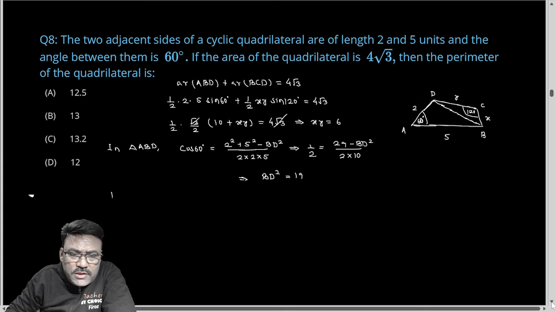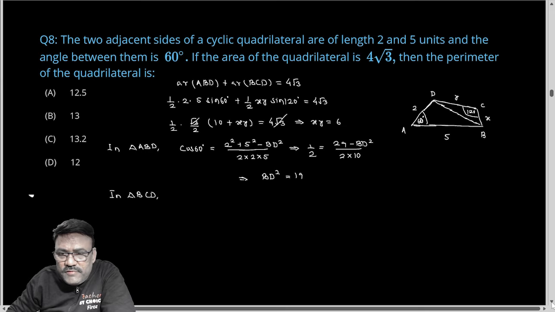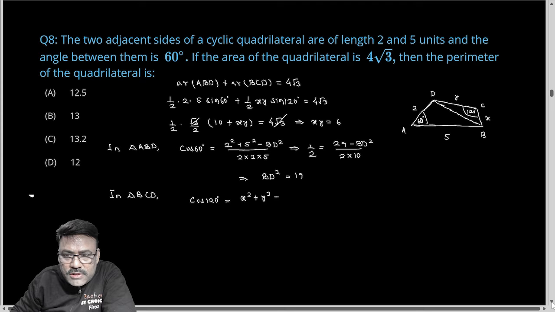Now if I use cosine rule again, this time in triangle BCD. Cos 120 degree is x square plus y square minus BD square, which is 19, over 2xy. And cos 120 is minus half.